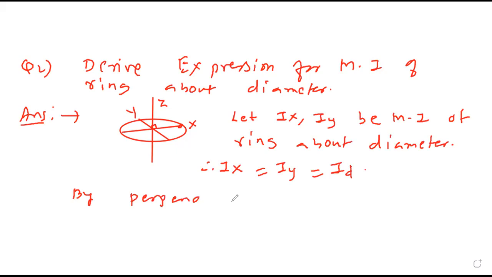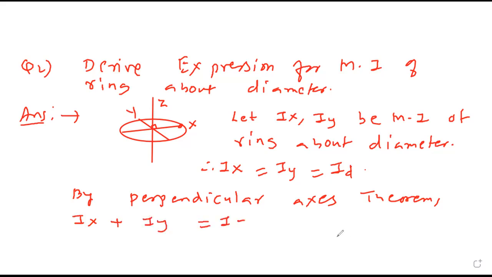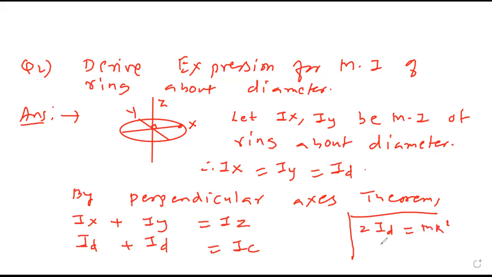So can I use the perpendicular axis theorem? Ix plus Iy is Iz, correct or not? So I diameter plus I diameter is Iz, the one passing through center. What is I diameter plus I diameter? Double, 2ID, and this is mr square. So can I say ID will become mr square by 2?